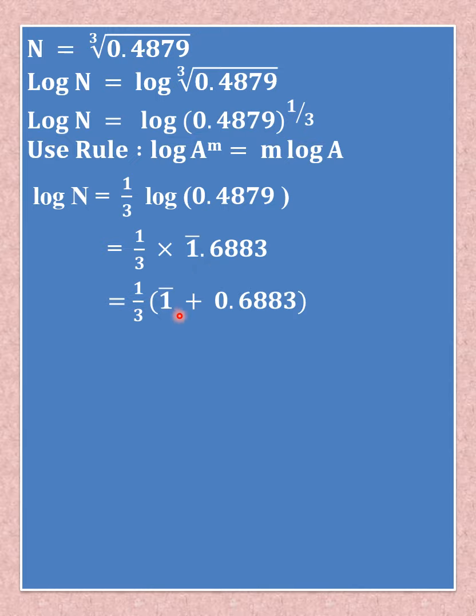So we split it: bar 1 plus 0.6883. But what is the problem? We can't divide bar 1 by 3, meaning we don't get a complete integer answer.